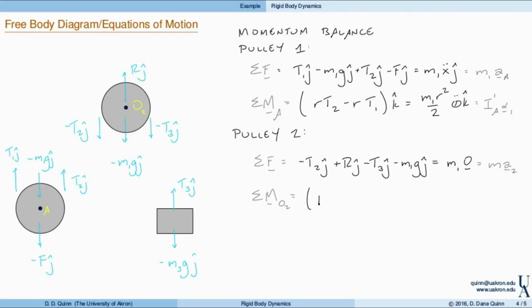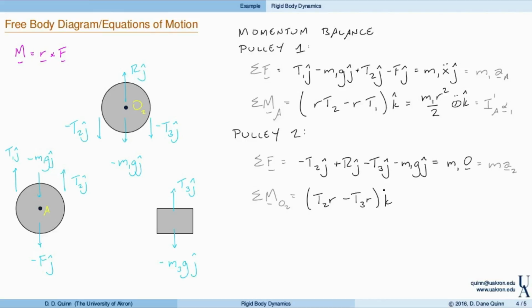So we have a moment T2 times R produced by this force, and then the moment produced by T3 is minus T3 times R. And I will remind you that moments produced by forces are defined as r cross F. So for example, for T3, it would be the position of this point where T3 acts with respect to O2, so that would be r in the i direction, cross the force minus T3 j.